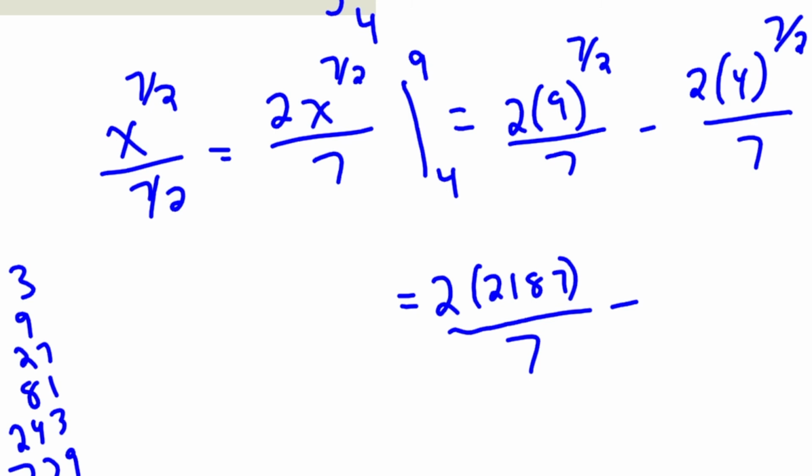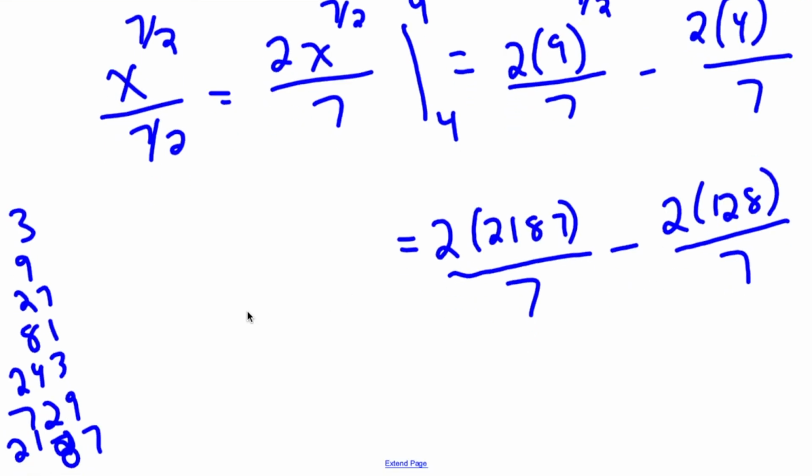And just go from there. But anyway, 2 to the 7th gives you 128. So this would be 2 times 128 divided by 7. Now, even still, this is something you would not necessarily be asked to do by hand.